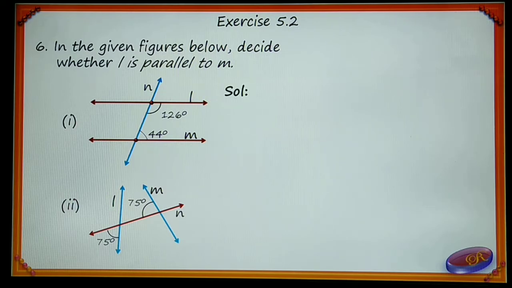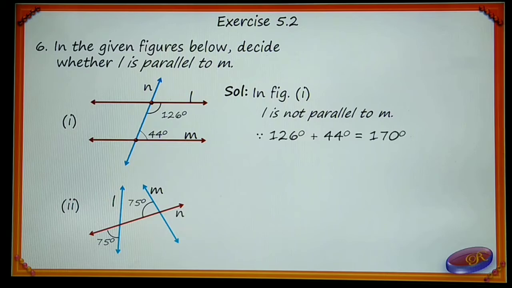In figure 1, L is not parallel to M because 126 degree plus 44 degree is equal to 170 degree. It means interior angles on the same side of the transversal are not supplementary. Therefore, L is not parallel to M.